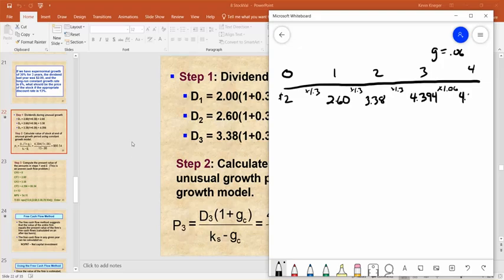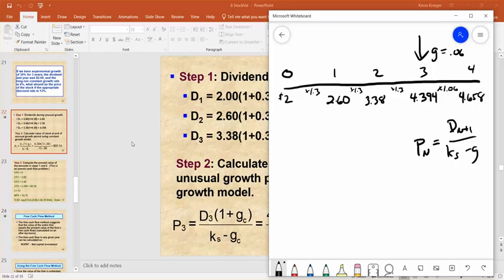So if you want to know the value of this stock, I want to use this formula at the first chance I get. Pn equals Dn plus 1 over Ks minus g. But the first chance I get is right here at time 3. Well, what do I have to do to get that?